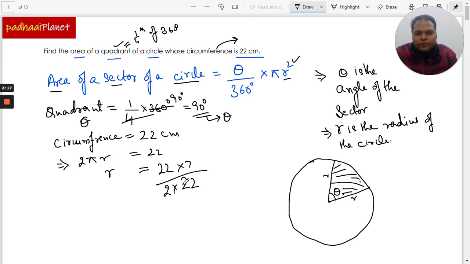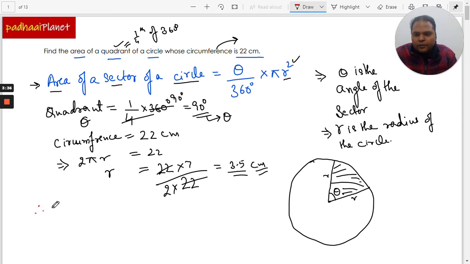So 22 gets cancelled with 22, and that's 3.5. That's the radius of the circle. Now let's put all these values in, and we will get the area of the quadrant.